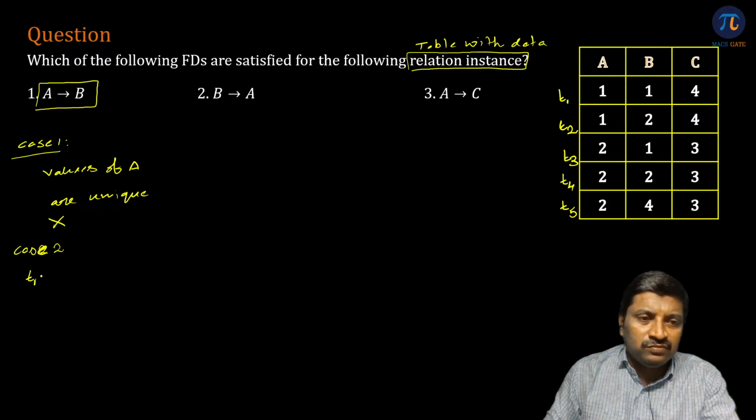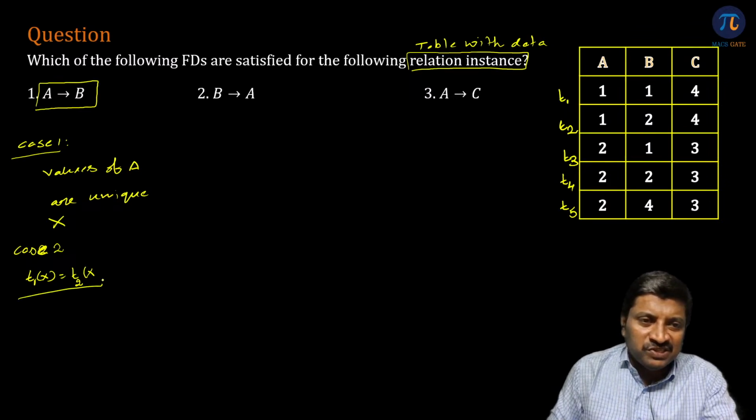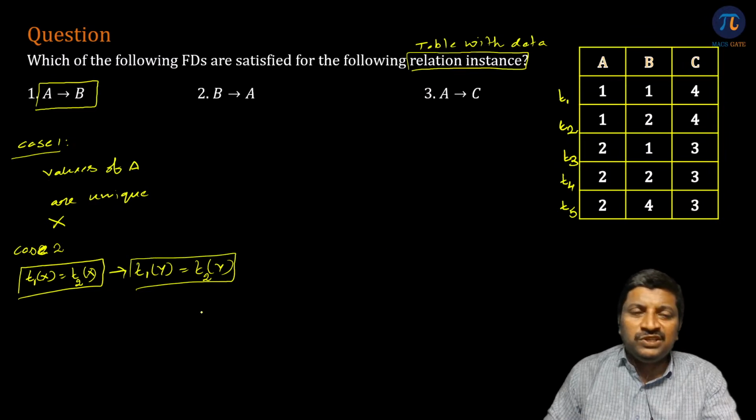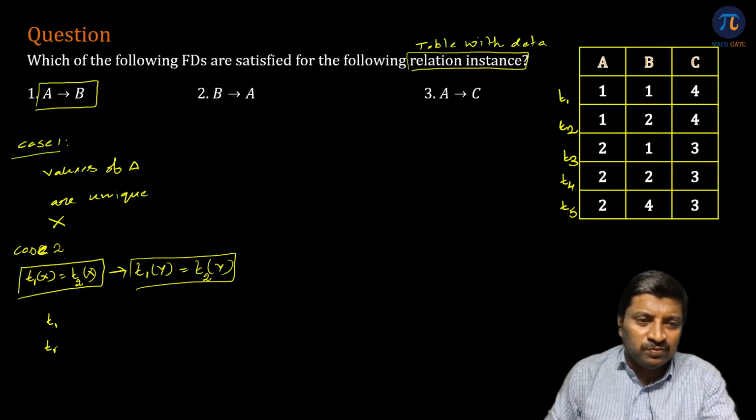Whenever there are two tuples in which the values of X are the same, I need to have the same values for the Y attribute also. So in this example, T1 comma T2, both are having 1.